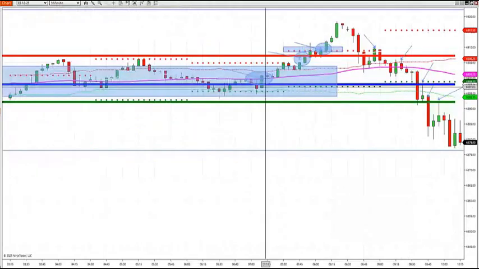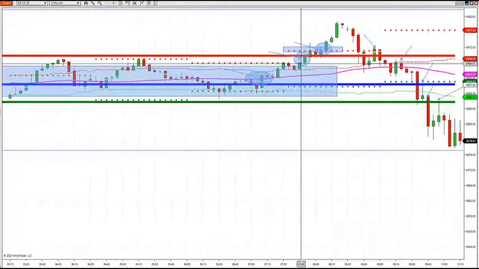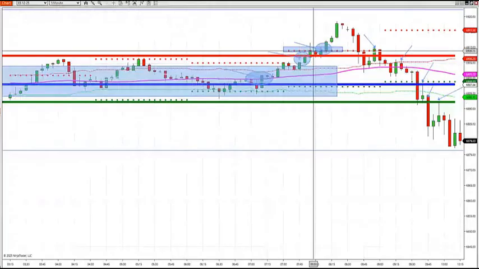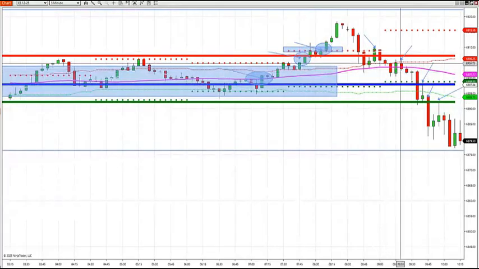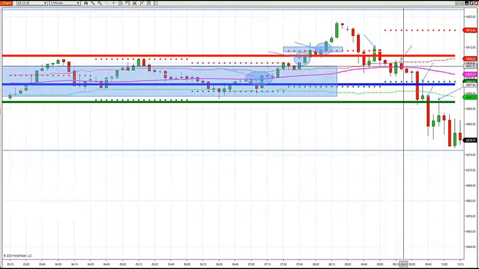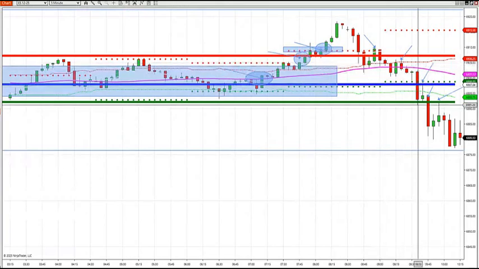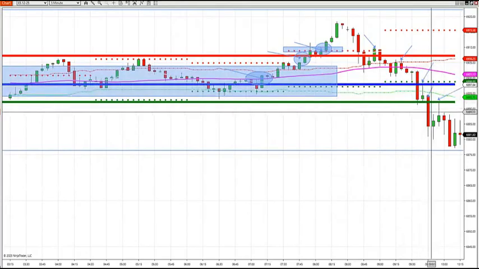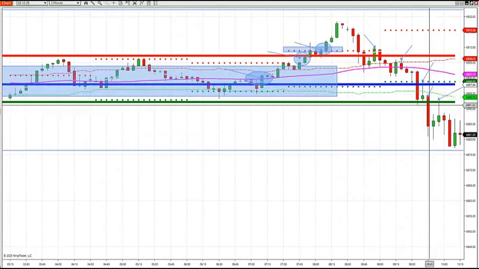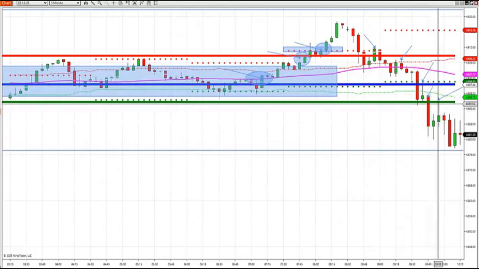Control point break, HVA break retest, PP break back inside of PP, break retest on PP, break inside retest on the developing profile, break below control point, break retest low value area at the time because this was a low value area. I mean, the control point, break here of the low value area or break retest of low value area.